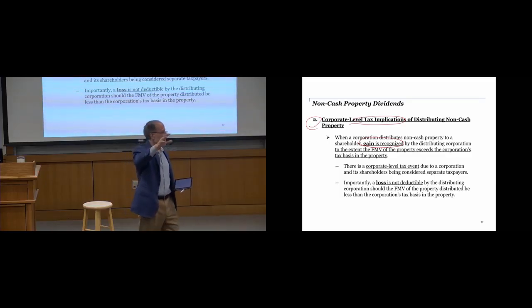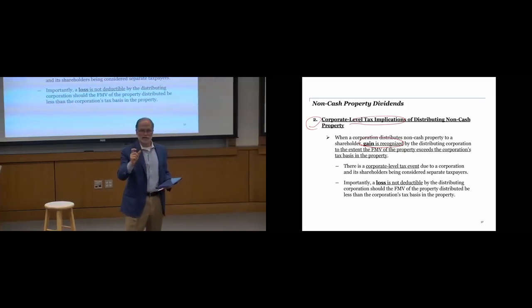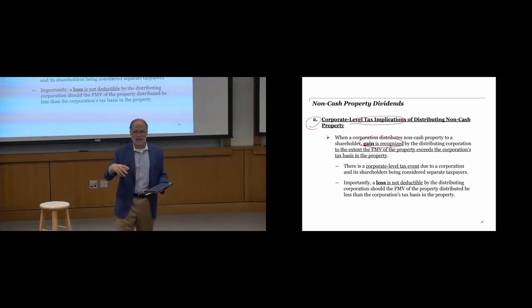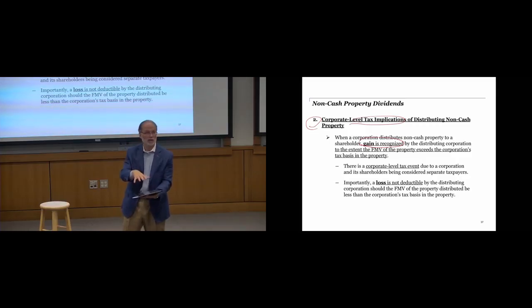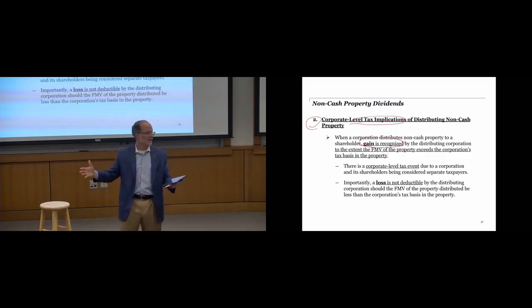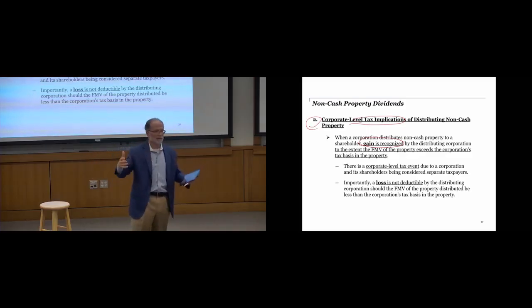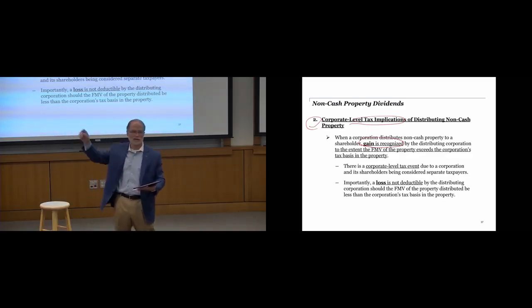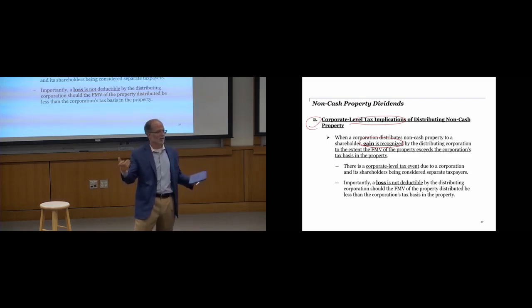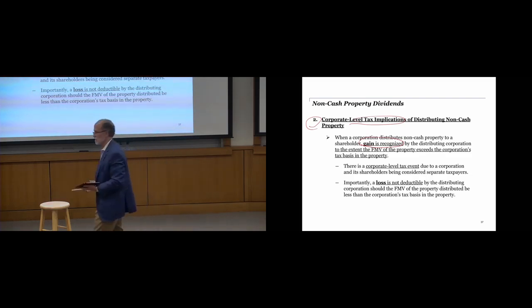The government wants the corporation to recognize the same gain in both transactions. Because the asset is in the corporation, it appreciated, and it's no longer there. It is leaving a separate taxpayer. So whether you sell it or you distribute it, it's no longer there, you have a built-in gain in effect.